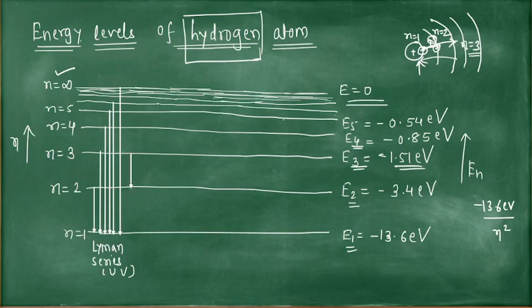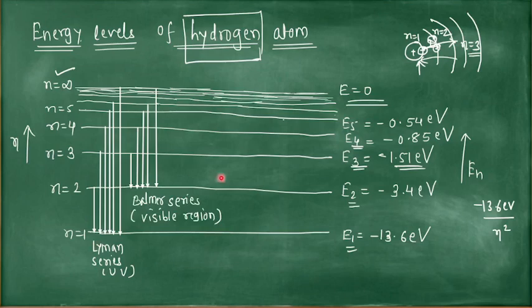You can show one more transition: n is equal to 4 to 2, 5 to 2, then continue this, and last is n is equal to infinity to n is equal to 2, outer orbit to inner orbit. Here again the inner orbit number is fixed. So this is again one more series, but this series lies in the visible region and was studied by Balmer. So it is the Balmer series, visible region.